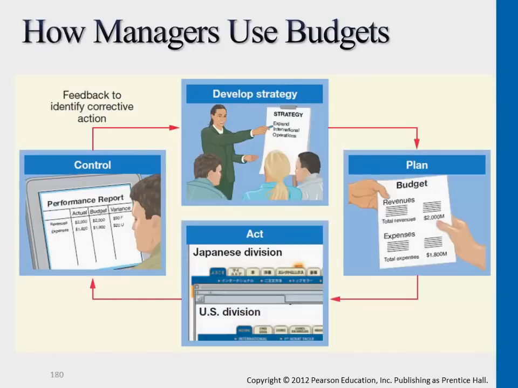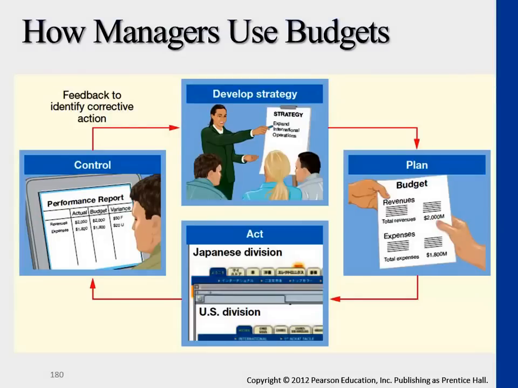Specifically, the process here starts from developing the strategy, the middle one. Companies may want to expand their business from the US to other countries. They may want to introduce customers to a new set of products, a series perhaps. These strategies, these goals, we then link to a detailed planning cycle.